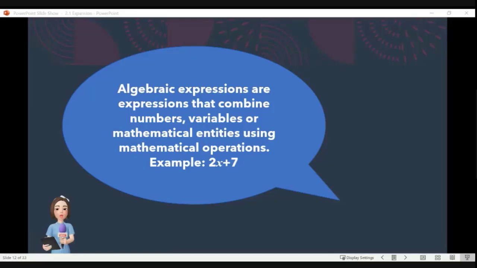An expression must have plus, minus, multiply, or divide, any one of them. Can, class? Yes, okay. So 2x plus 7 is an algebraic expression, 2x itself isn't. Good. Let's go to the next slide.